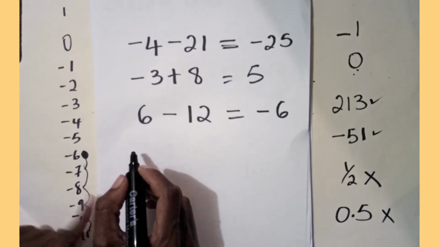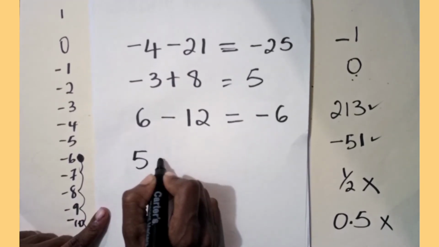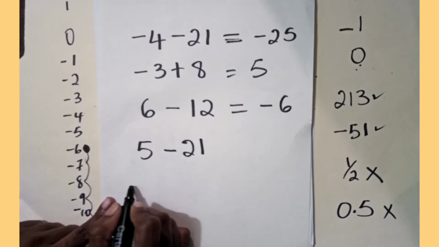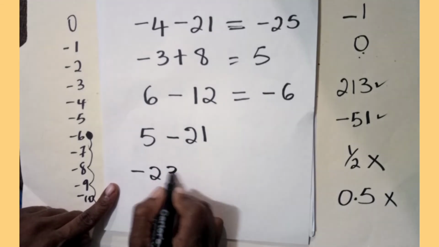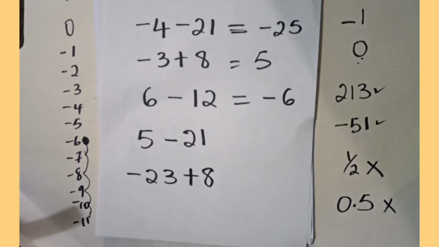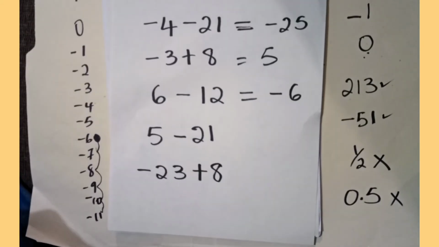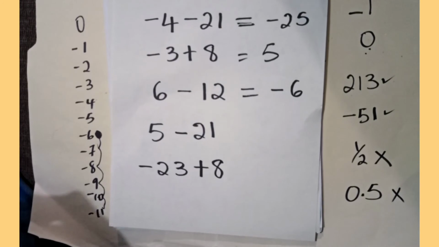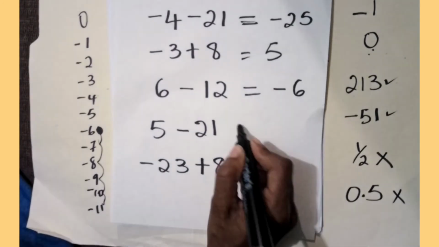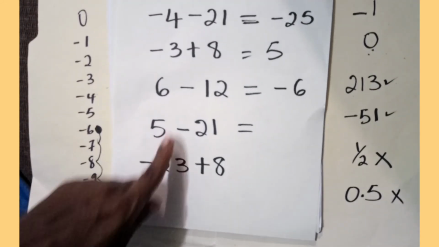Now pause the video and try these two. 5 take away 21. And negative 23 plus 8. Alright. So let's see what we'll get. I hope we'll get the same answer. You have a positive 5 here.